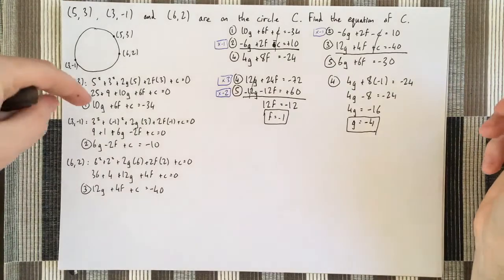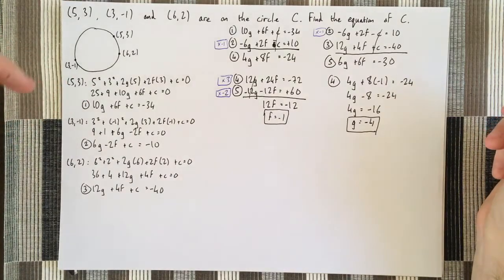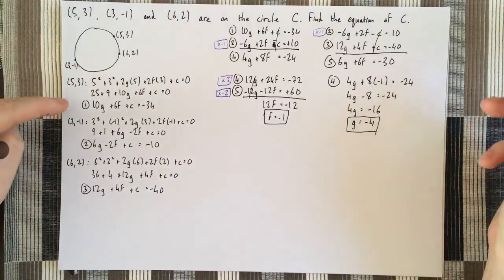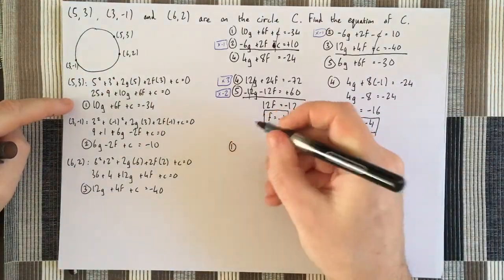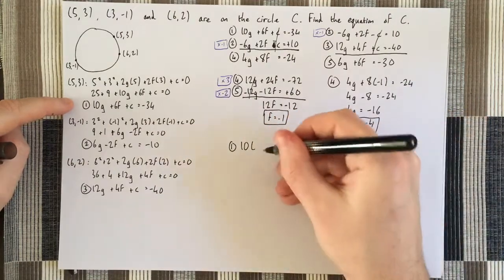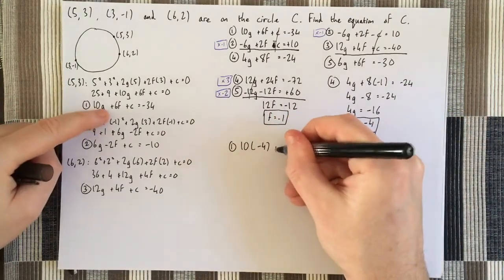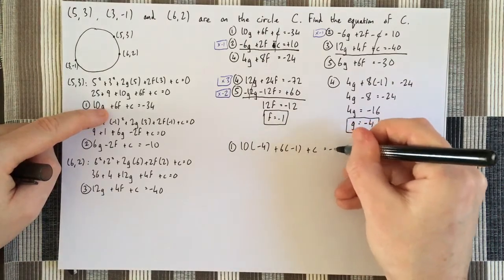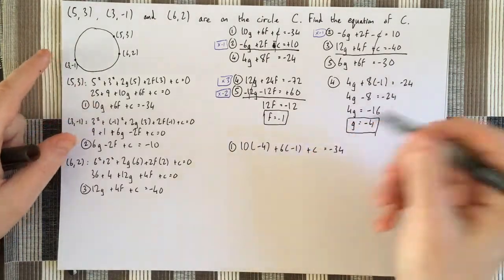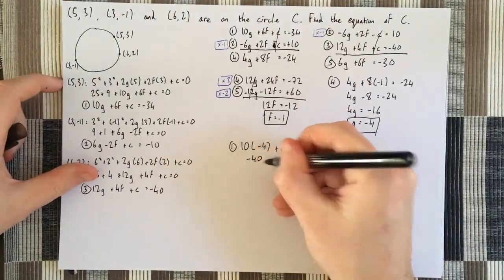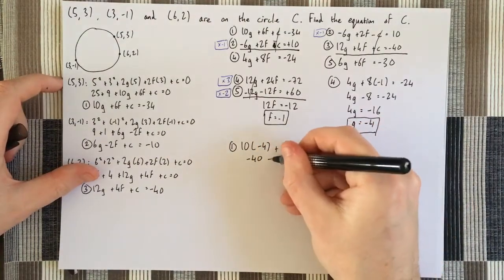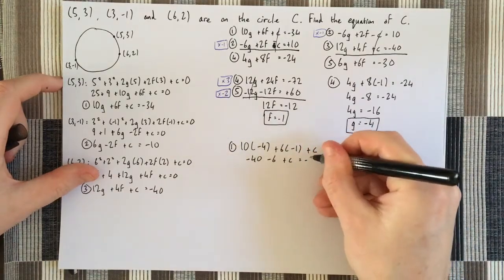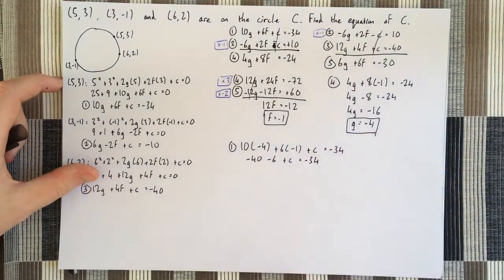Solve for c now. So go back to equation 1, 2, or 3. It doesn't matter. Sub in for g and f and then solve for c. So I'll just use equation 1. So I've got 10g, so that's 10 times minus 4, plus 6f, so that's 6 times minus 1, plus c equals minus 34. 10 times minus 4 is minus 40. 6 times minus 1 is minus 6, plus c equals minus 34.